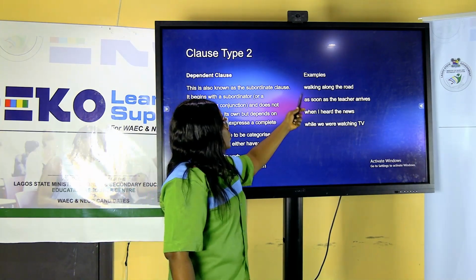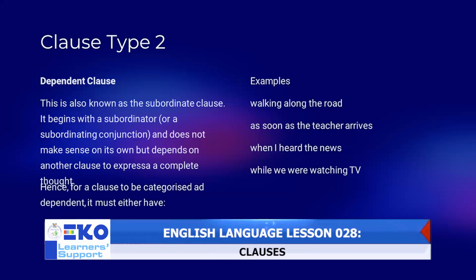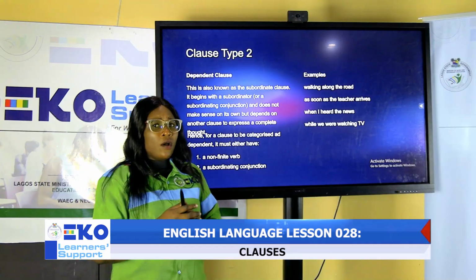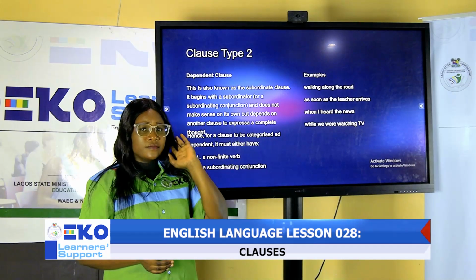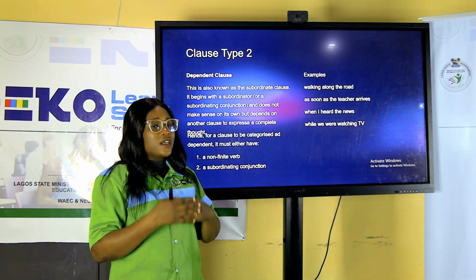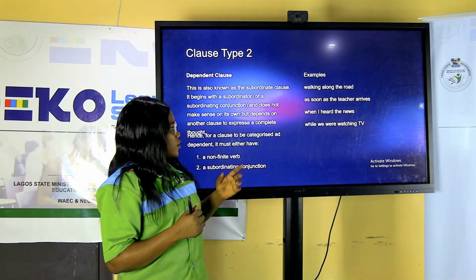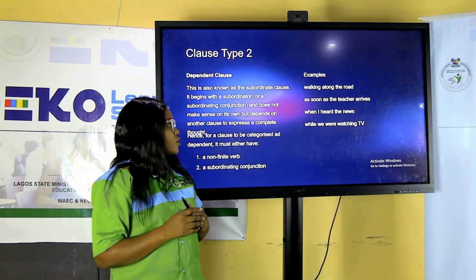Look at the examples of dependent clauses. Walking along the road. You may say, oh, walking is a verb. It's a verb, so why is it not a finite verb? Just hold on, we're going to use those in structures.